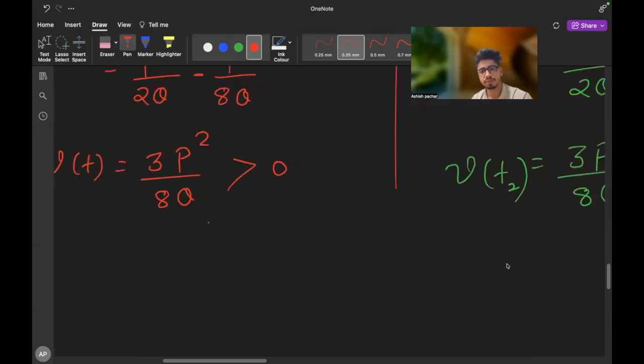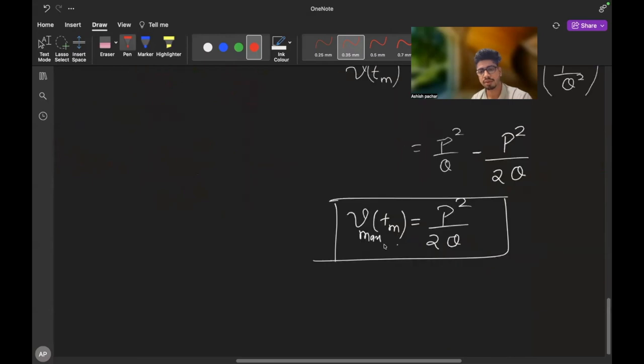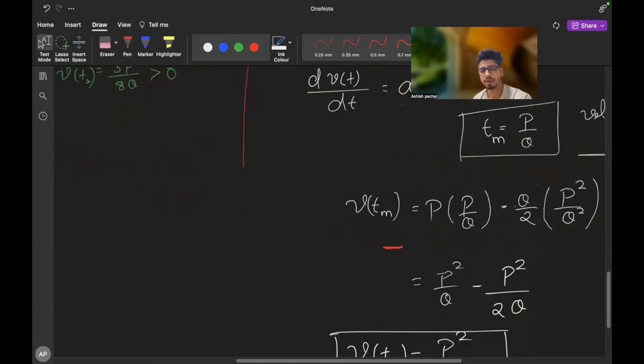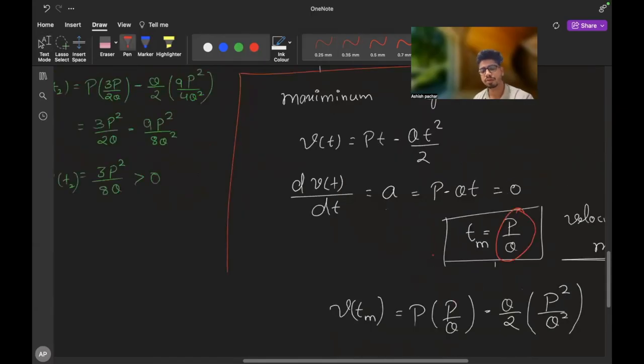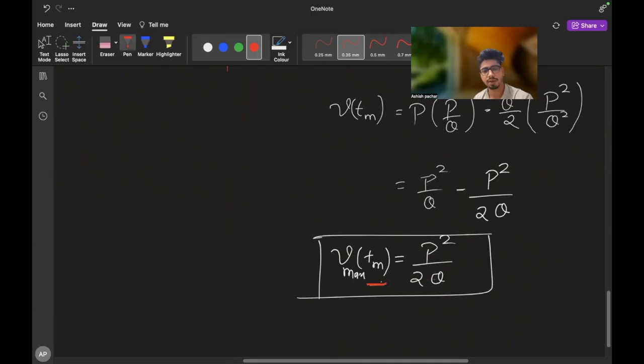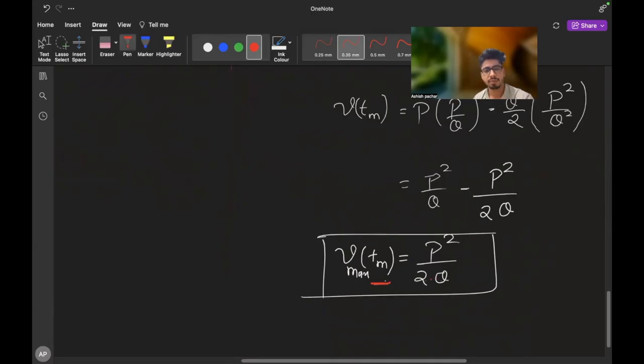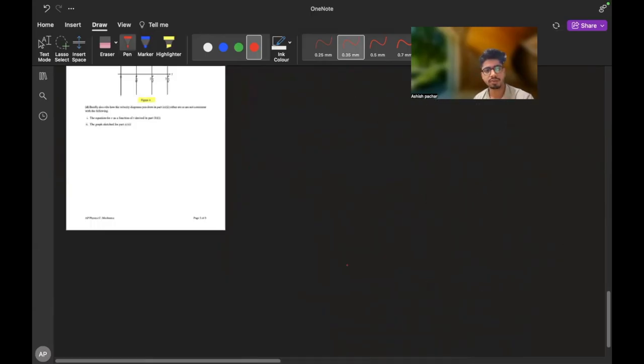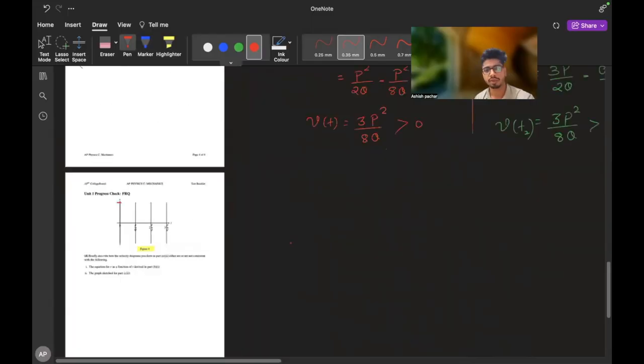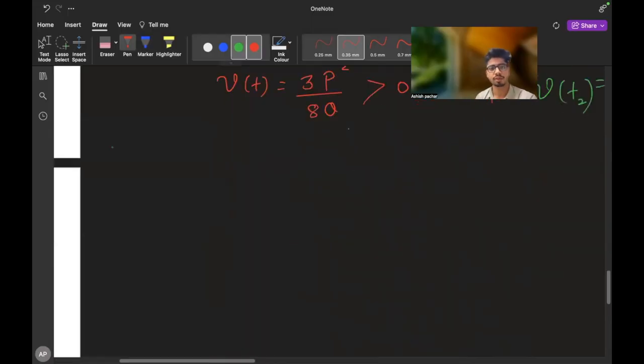So this is the expression. When Tm is p by q, it has the maximum velocity, p square by 2q. And if you look at this velocity expression carefully, let me try to draw it.